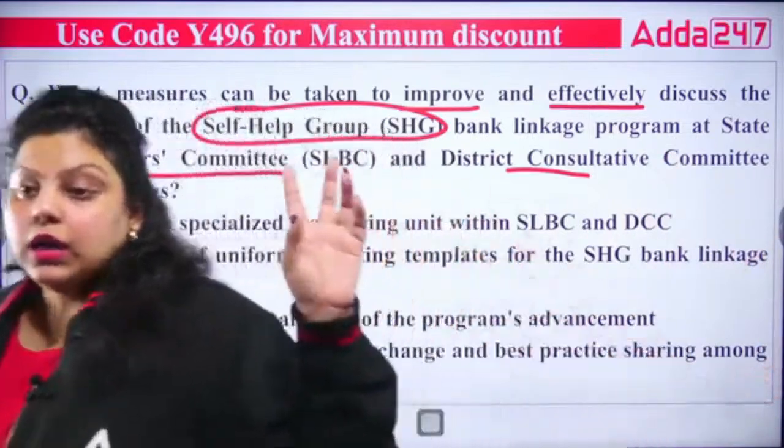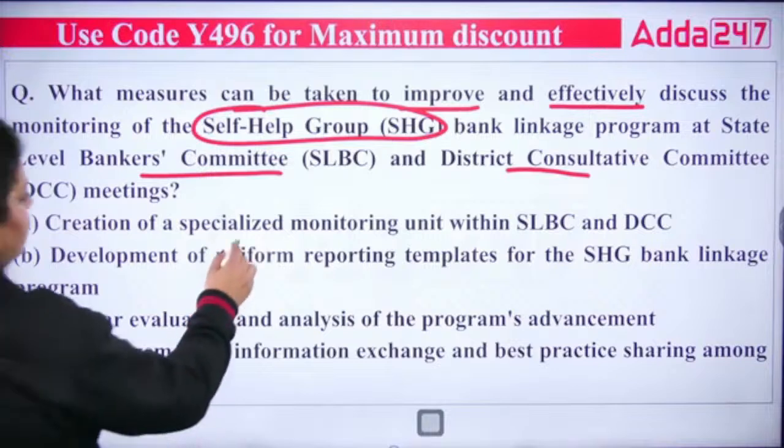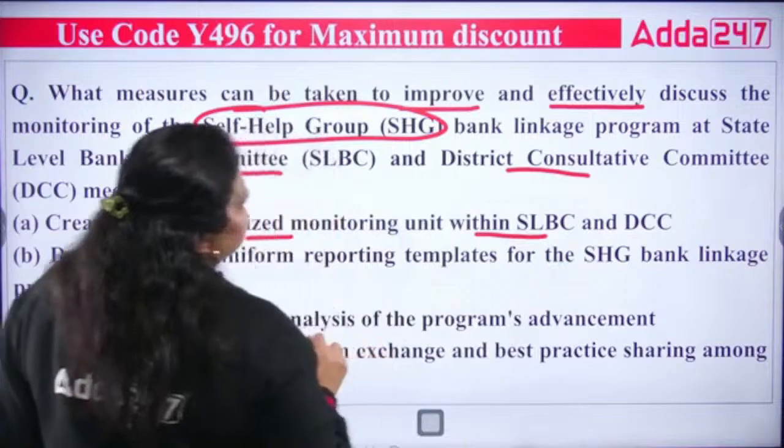Okay. Now the question is asking what measures can be taken to improve and effectively discuss the monitoring of the self-help group bank linkage program at the State Level Bankers Committee and the District Consultative Committee. First is the creation of a specialized monitoring unit within SLBC and DCC.